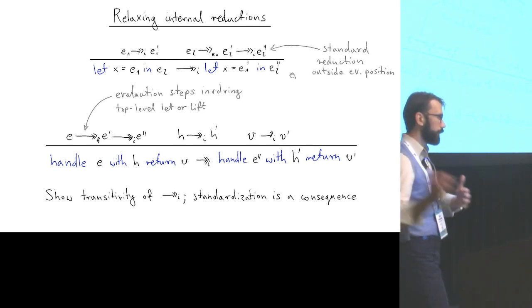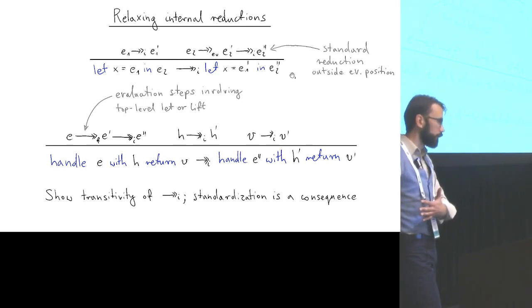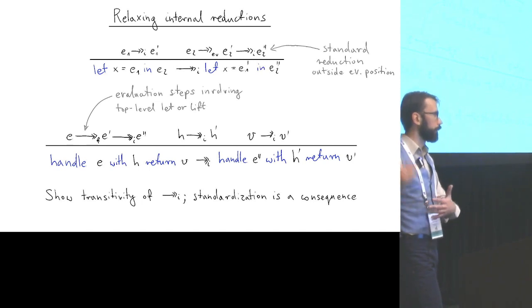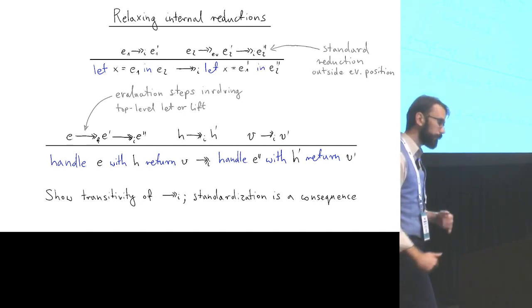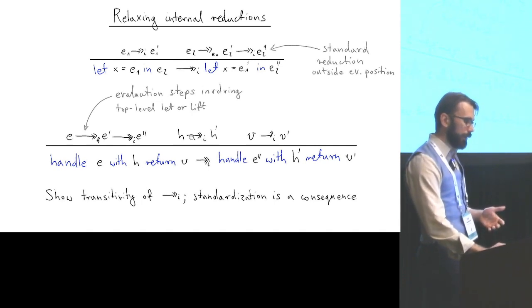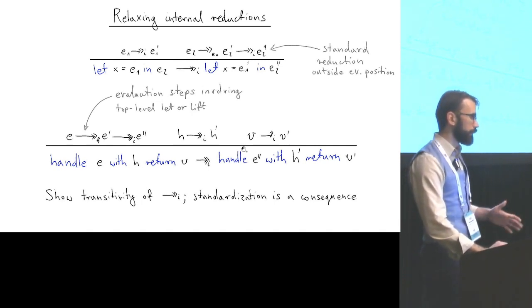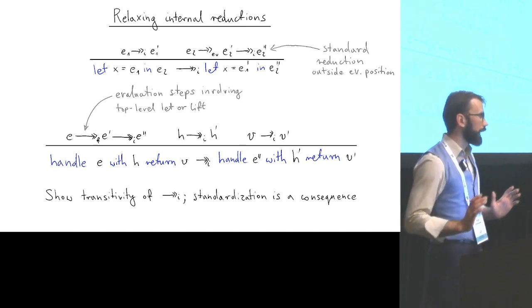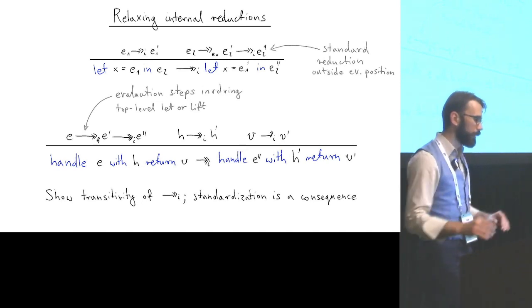And this is allowed on the right because this is not the evaluation position; this is the continuation of the let. Now for the handle, these are internal because these are values, right? The handlers and the return values, they can't evaluate. So this is fine, this is simple.